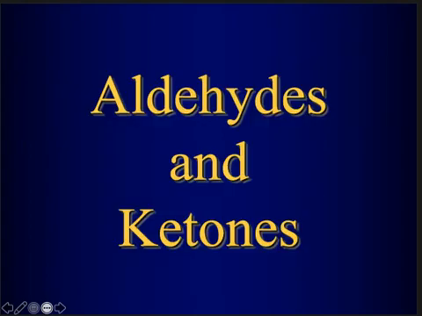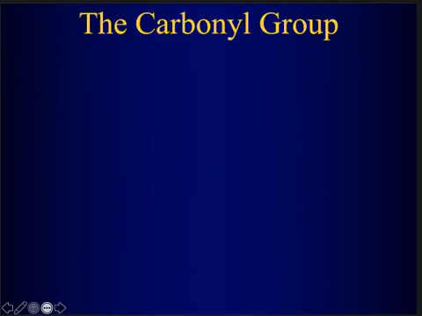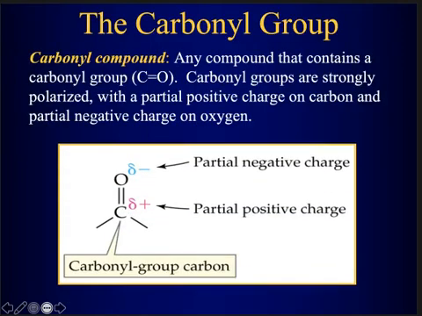Alright, so let's shift gears and talk about our aldehydes and ketones. So what makes aldehydes and ketones special is that they have this carbonyl carbon. So a carbonyl carbon is a C double bond O. That is going to be very characteristic of these aldehyde and ketone groups.